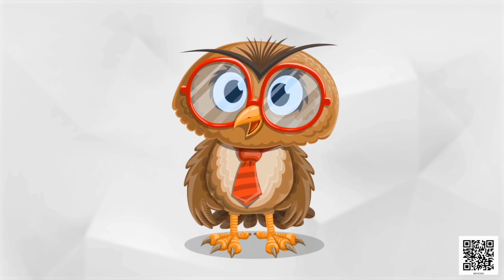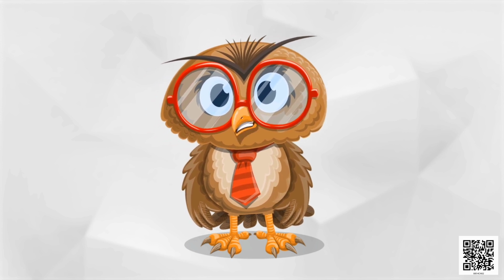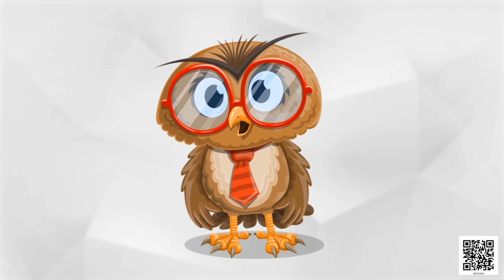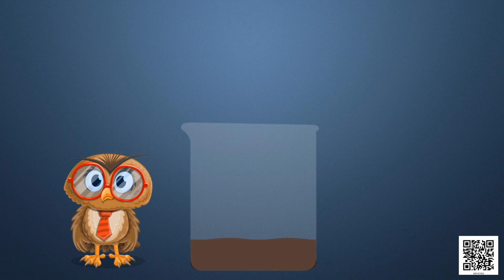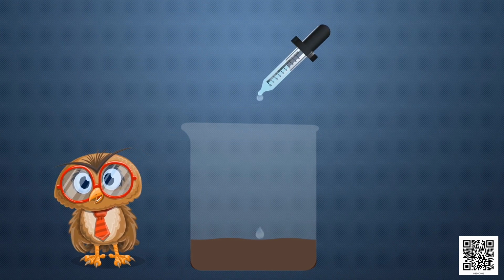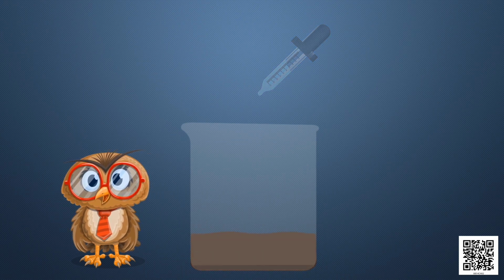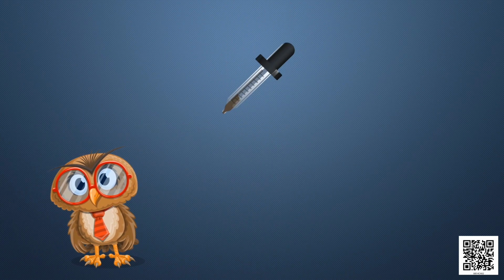Let us do an activity to see if microorganisms are present in our garden soil and in pond water. For this, first of all, collect some moist soil from garden or some field near your house in a beaker. Now add water to it. After the soil particles have settled down, take a drop of water from the beaker.